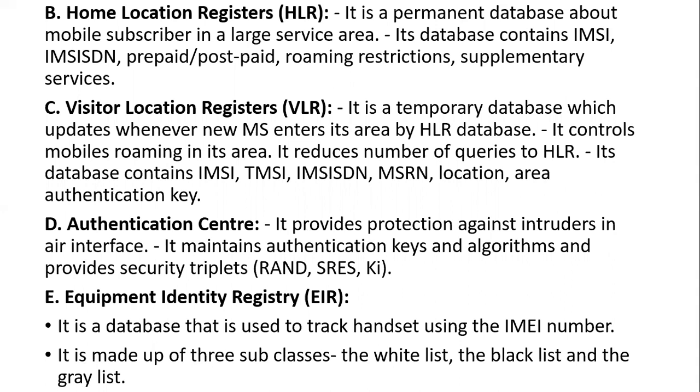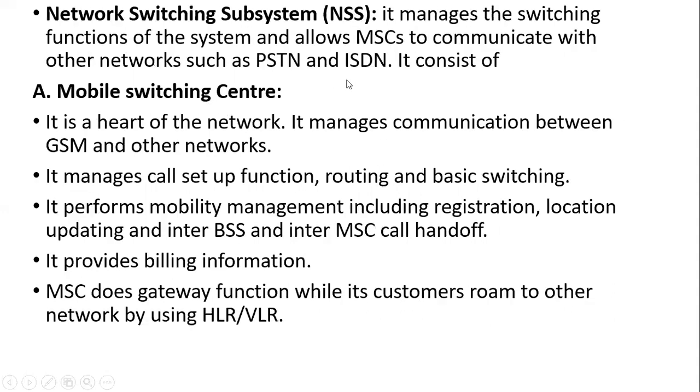The next one is the authentication center, and it provides protection against any intruder in the air interface. The next one is the equipment identity register, EIR. These are the devices involved in the network switching subsystem, NSS.